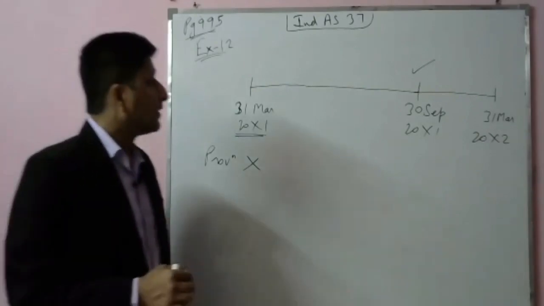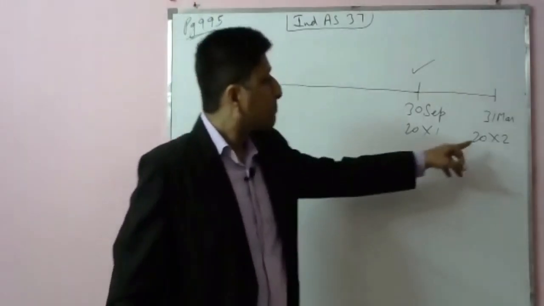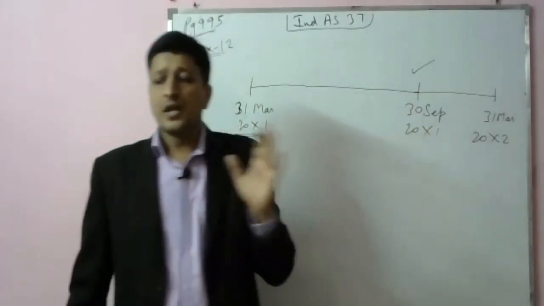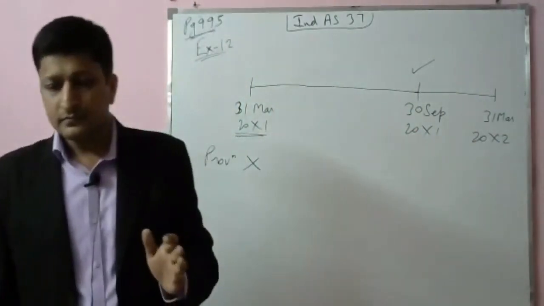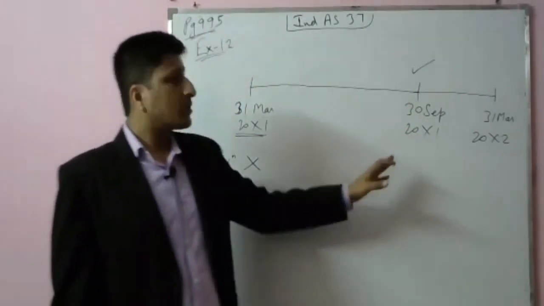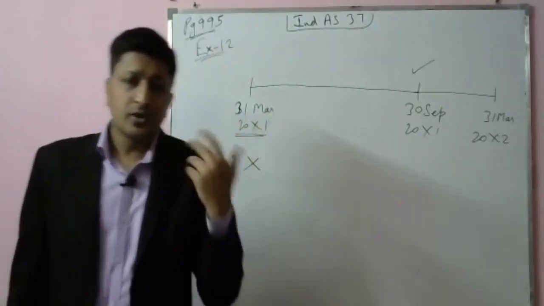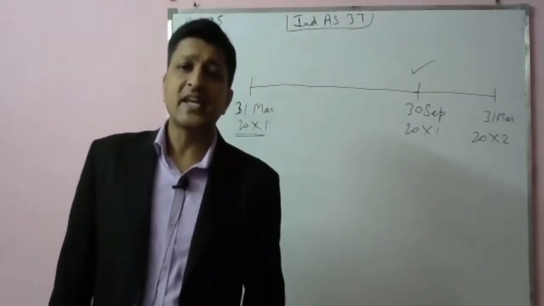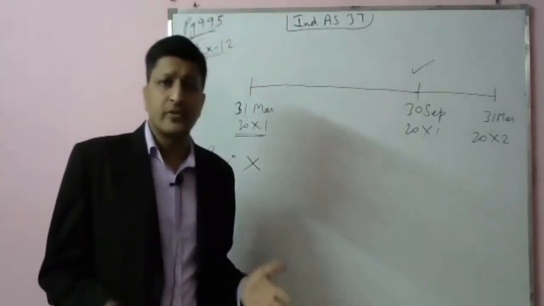Now, for fitting the smoke filters, by 31st March, the company did not initiate any contract. So the company doesn't have any contract in hand. So can we say the company has a present obligation in terms of fitting the smoke filters?